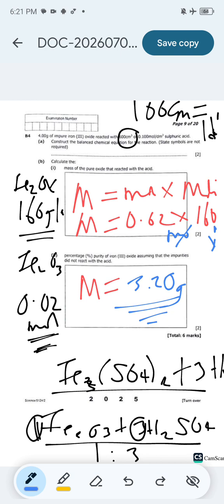We calculated its moles, then used that to calculate the moles of the unknown substance. Then you find the molar mass of that substance, and then you just use the formula mass is equal to moles times molar mass. Then you come up with the mass.